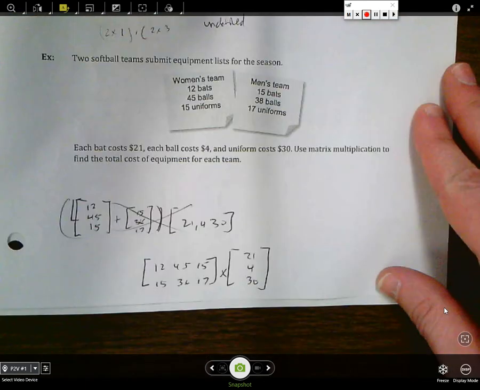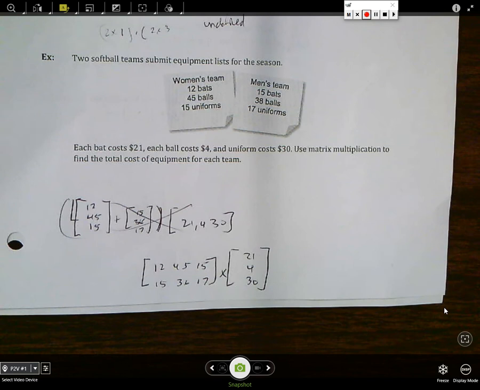What about this one? Does this work too? Absolutely does. Yeah, 2 by 3 by a 3 by 1, and you'll get a 2 by 1, right? It'll contain the same information though, okay? That's why I wanted to put it out to you, because I was thinking we'd see both of those, and we did.